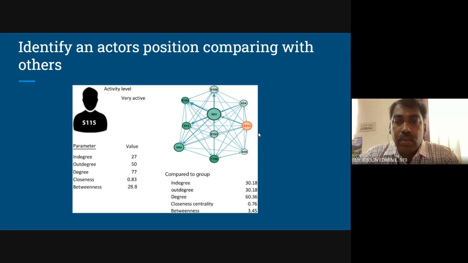The main components to create this analysis platform are, one, the actors, and the second, the relationship.